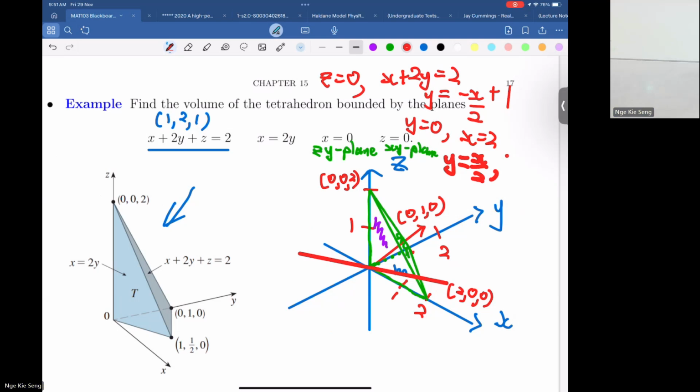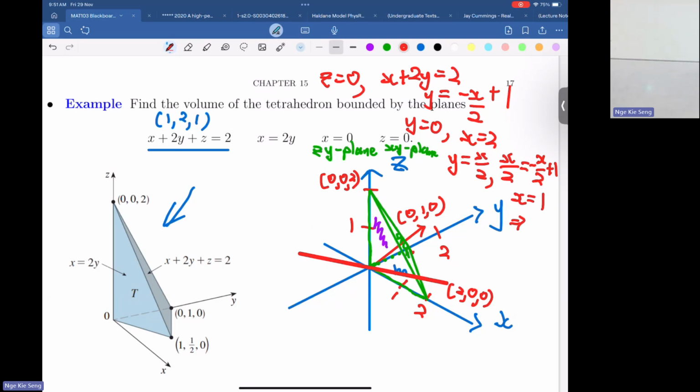Let's compute what's the intersection here. When y equals x over 2, if you put it back into your plane on the xy plane, what do you get? x equals 1.